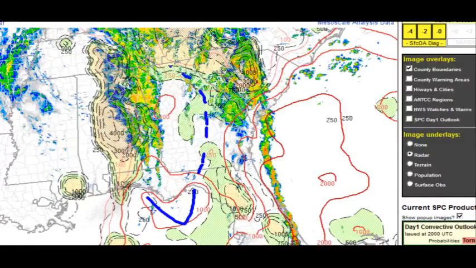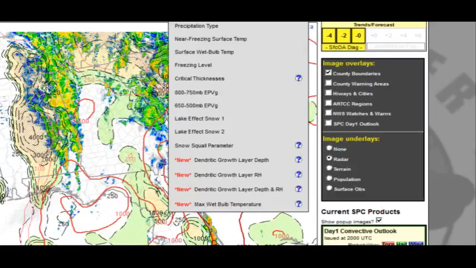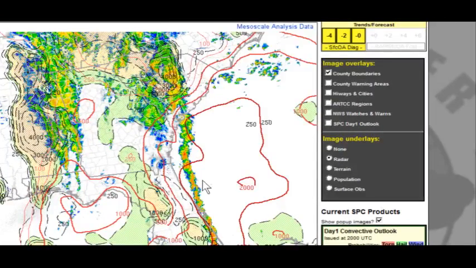So most of our parcels in this area are surface-based. And then further out to the east, we do have some instability supporting the southern line. And values in that area a little higher. We've got 2,000 CAPEs right along the coast here. But it appears inland, the values are a little bit lower.